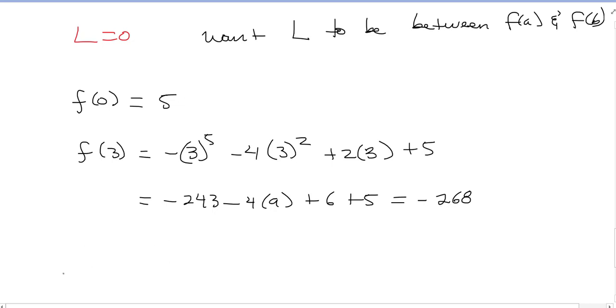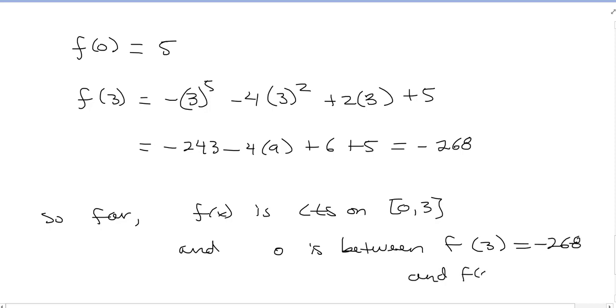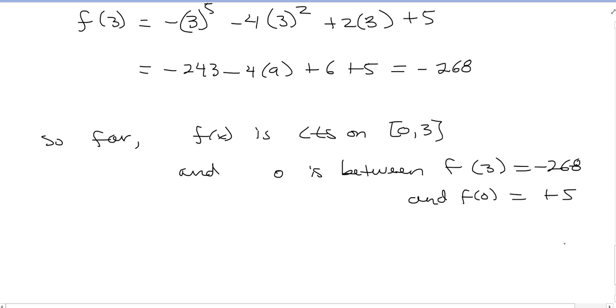So let's see, what do we have so far? We have that f of x is continuous on the interval 0, 3. And we also have that 0, or L, is between f of 3, which is negative 268, and f of 0, which is positive 5. Notice that 0 is a number between a negative and a positive, so that definitely works.